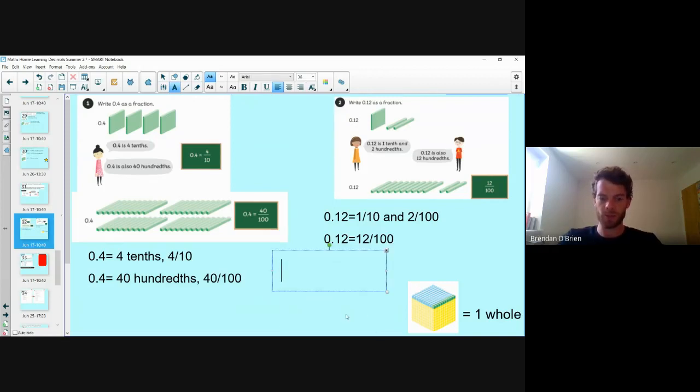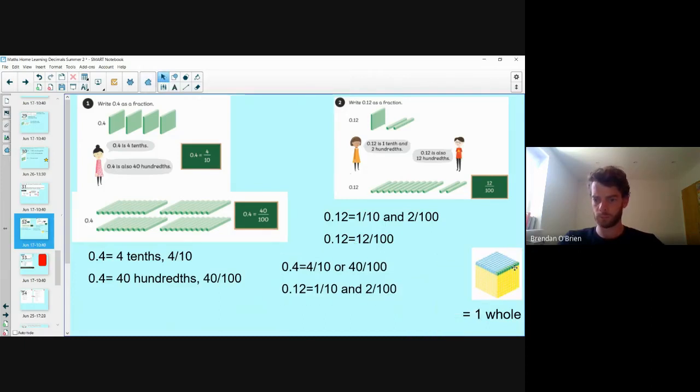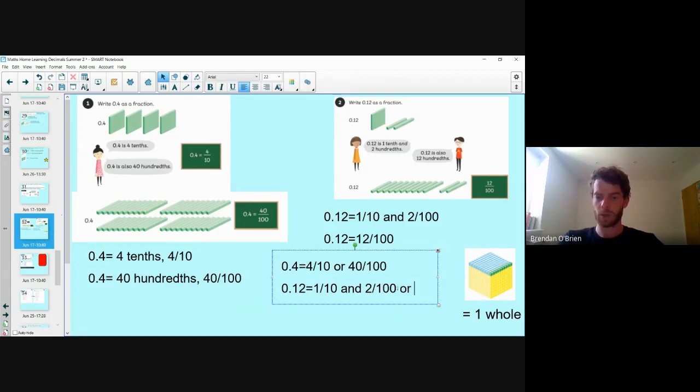So 0.4 equals 4/10 or 40 hundredths. 0.12 equals 1/10 and 2/100ths, or it equals 12/100ths.